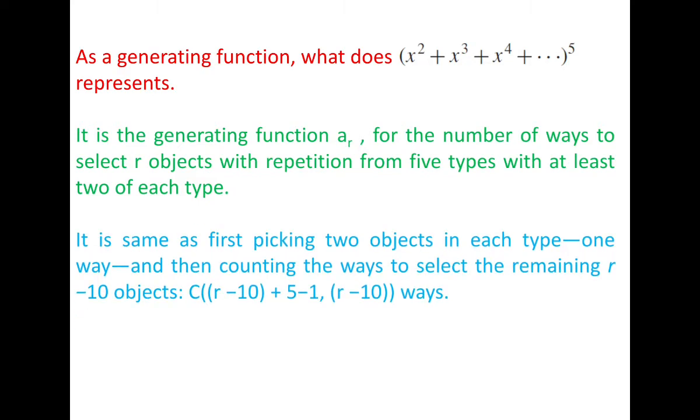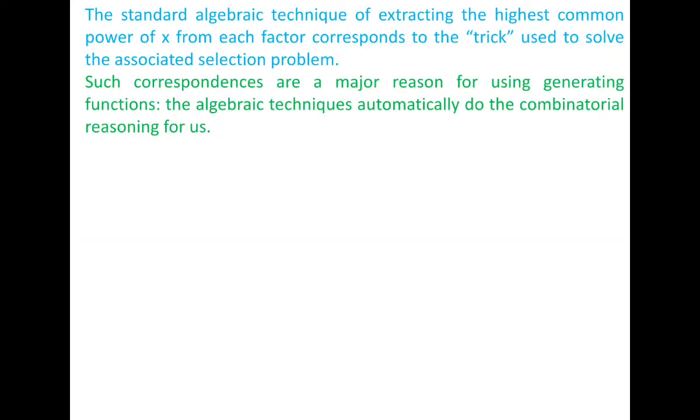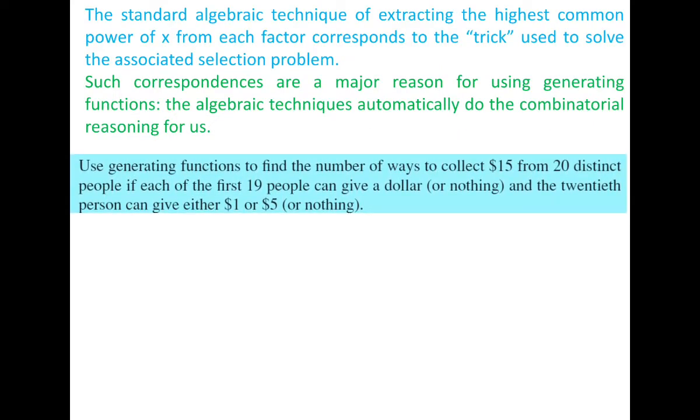So let's see one more example. Use generating function to find the number of ways to collect $15 from 20 people if each of the first 19 can give a dollar or nothing, and the 20th can give nothing, $1 or $5. Please do try to write down the generating function first.